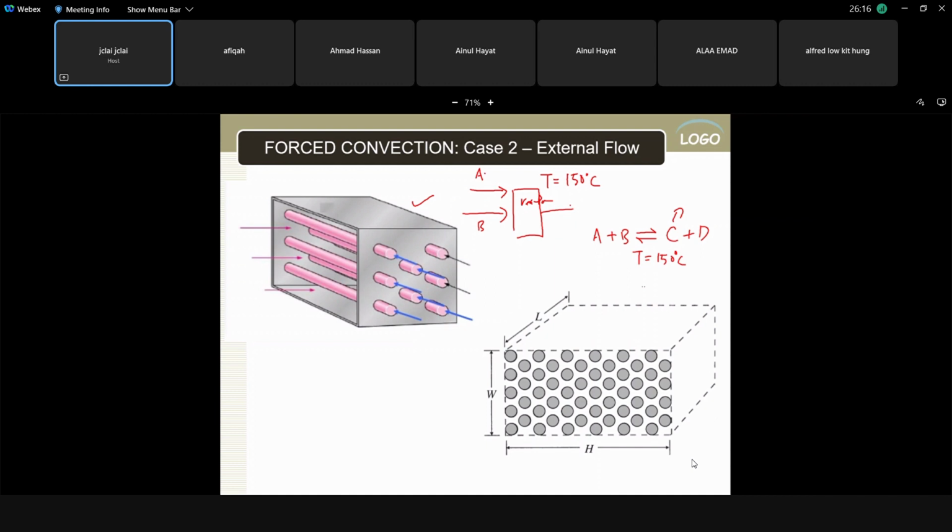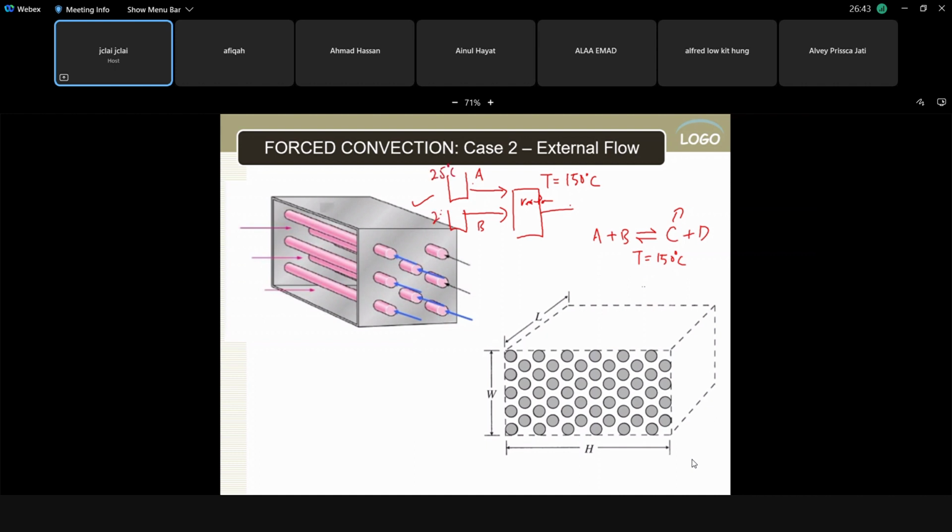So then you have A and B. A is from a storage tank. B is also from a storage tank. You use pump to pump your raw material from storage tank A and storage tank B to the reactor, right? But you store A and B at room temperature, 25 or 30, let's say.